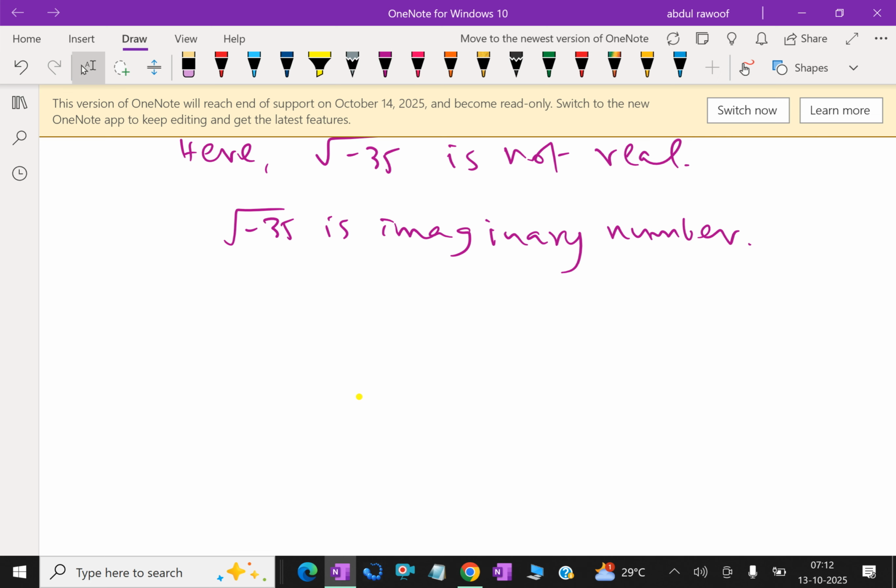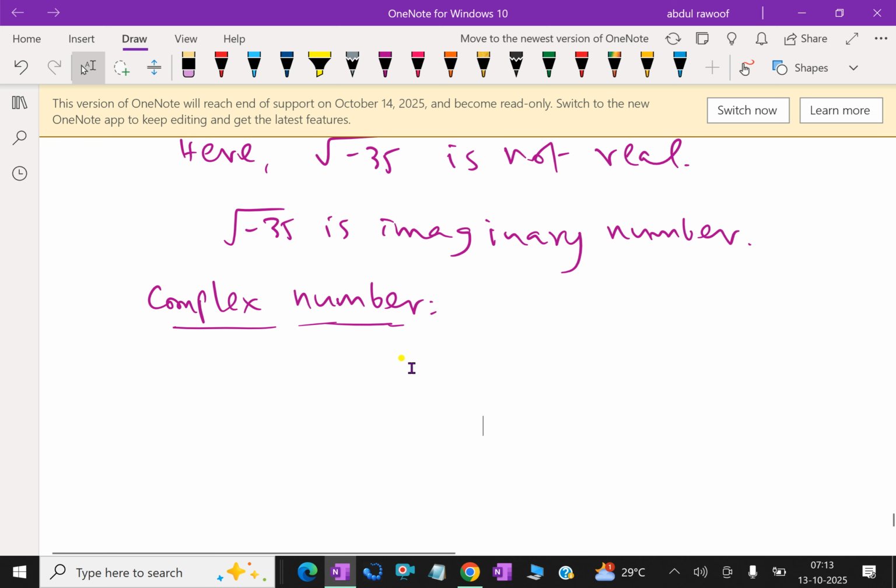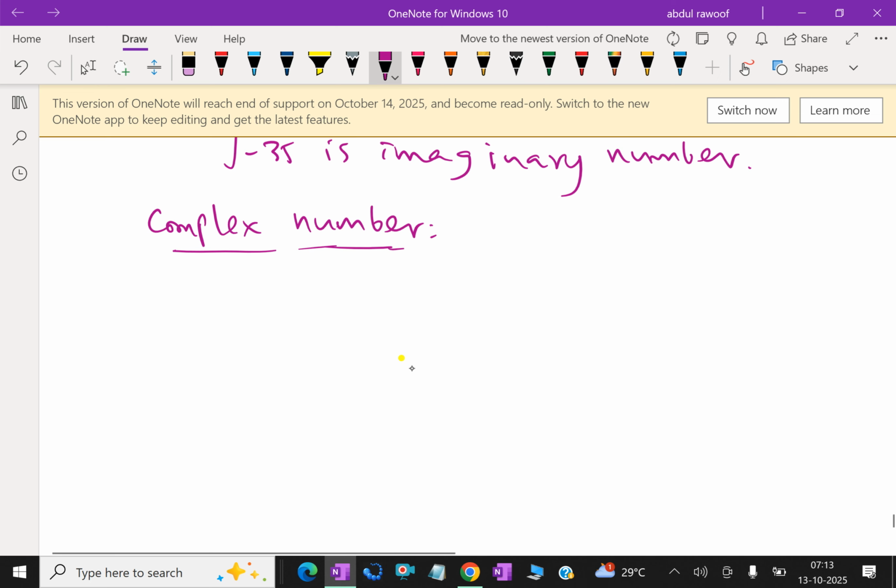Now, what is a complex number? A complex number is a sum of a real number and an imaginary number. Consider a plus bi.